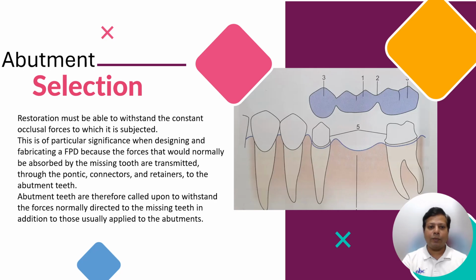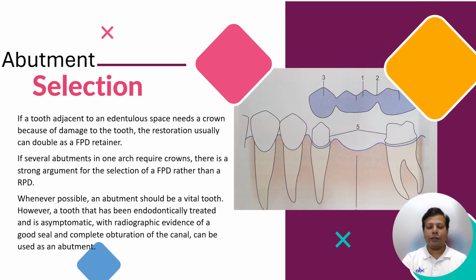In abutment selection, we select the abutment so that the restoration must be able to withstand the constant occlusal forces. This is of particular significance when designing a fixed partial denture. The forces would normally be absorbed by the missing teeth, or transmitted through the pontic and the connectors and retainers to the underlying abutment teeth.